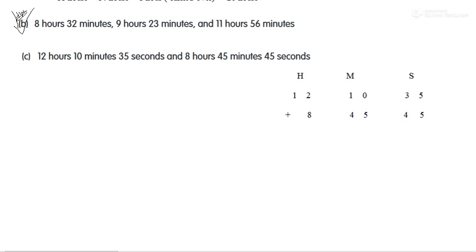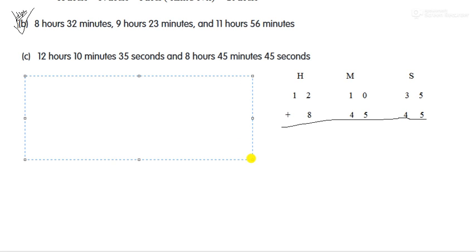What is the first step? First we have to add the seconds. Here the seconds are 35 seconds plus 45 seconds. So 35 plus 45, we get 80 seconds. So it's more than 60 seconds.